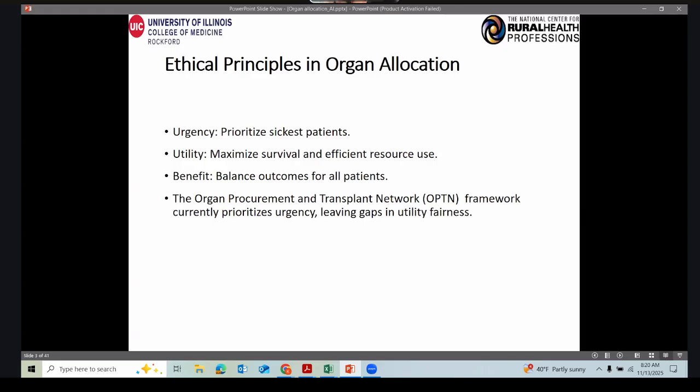That's why there is a growing interest in using AI and machine learning models to help balance these ethical principles by better predicting which patients will truly benefit more, ensuring both fairness and efficient use of organs.